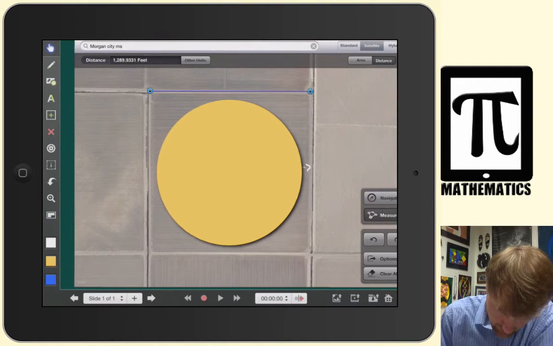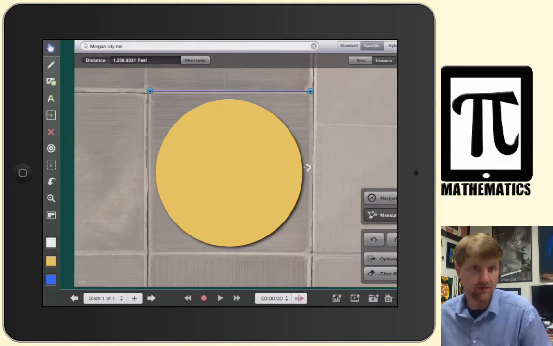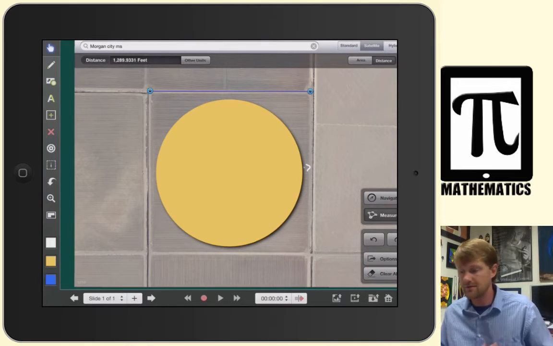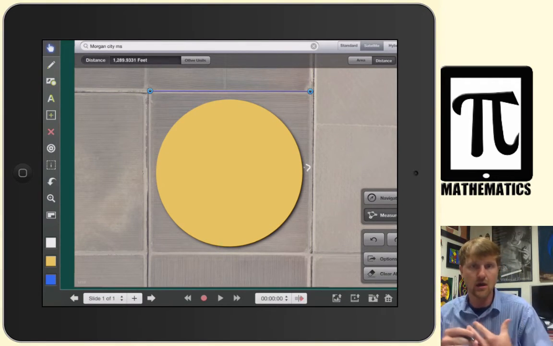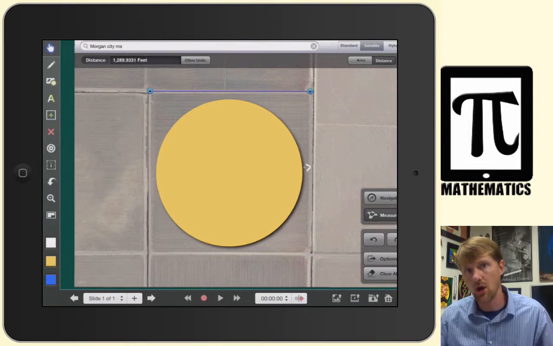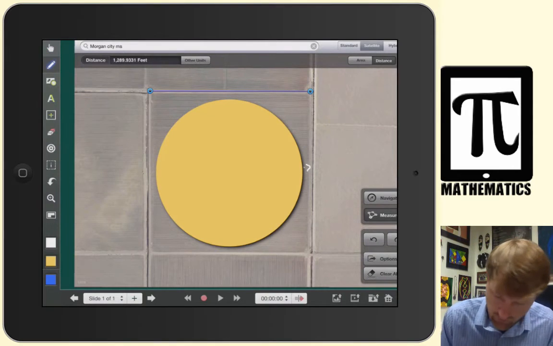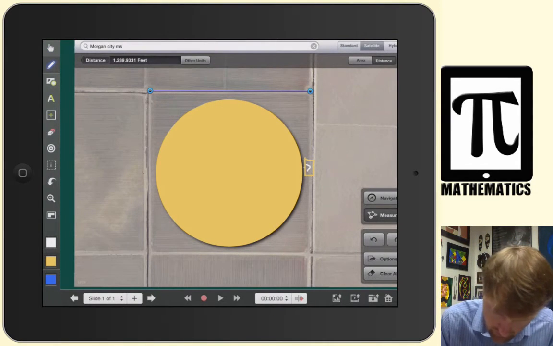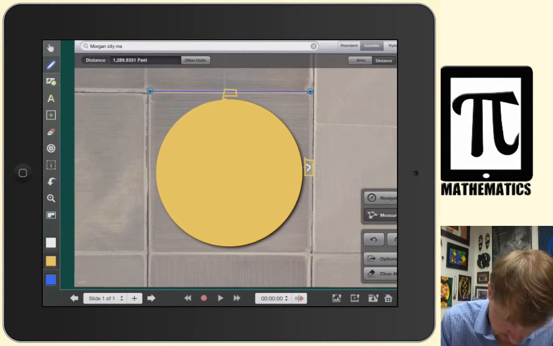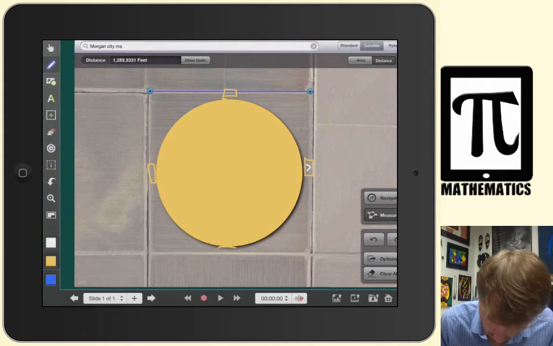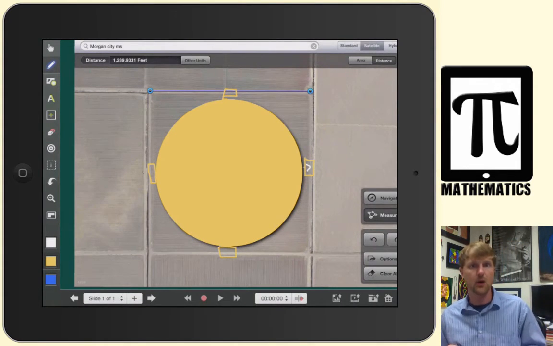Well, we know that because when we divided, we found 5.466 was the length of the total pivot that we needed, but we can only buy sections that are 118 feet long, and therefore we can only get 5 of them, and we'll have a little bit of extra left over, and that's this spot right in here, and this spot. Notice it doesn't go all the way to the edge of the property.